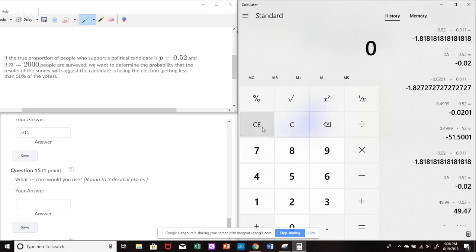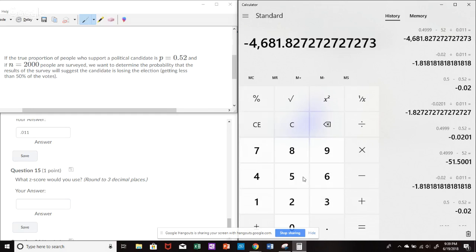Not sure. I'm not sure what I'm doing wrong because minus 52 divided by 0.011. That's wrong.